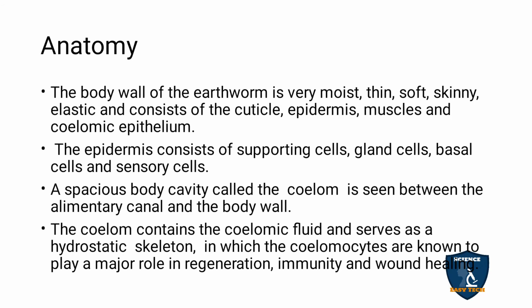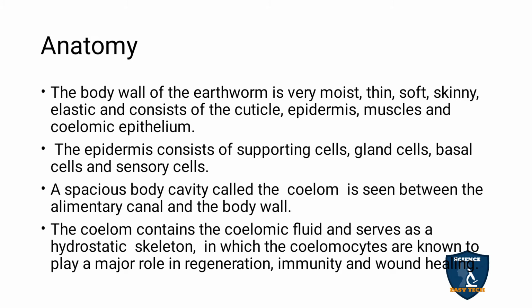The movement takes place from the head region, that is through the mouth and after the buccal cavity, and the crawling takes place from the head region. The skeleton is formed by the coelomic fluid only, which forms the hydrostatic skeleton, and it contains coelomocytes.